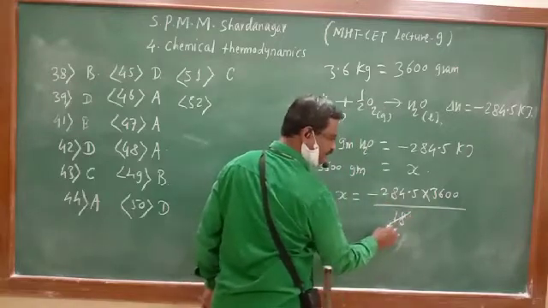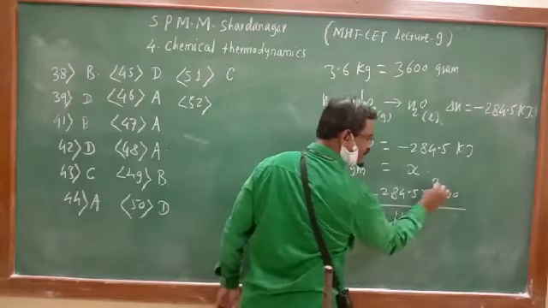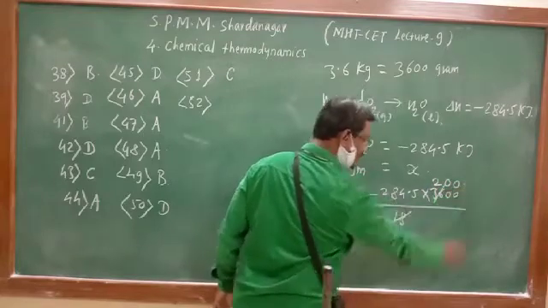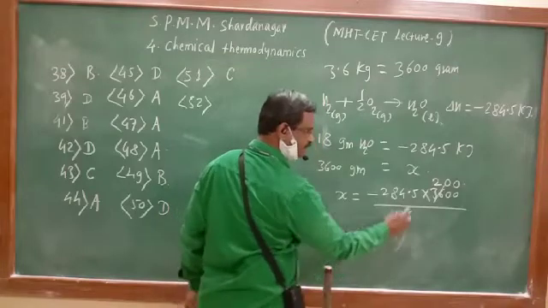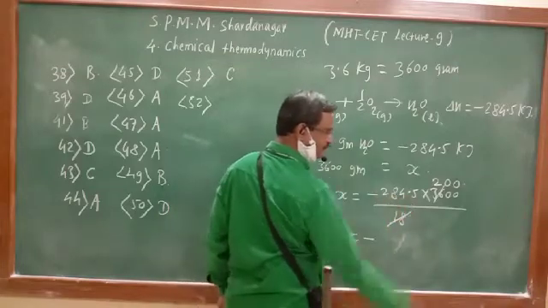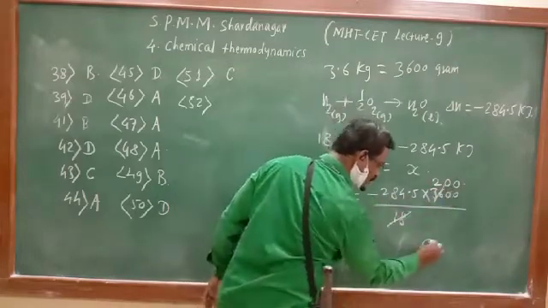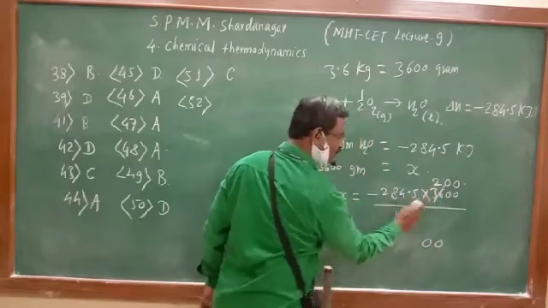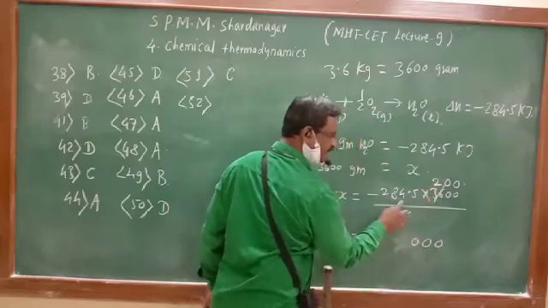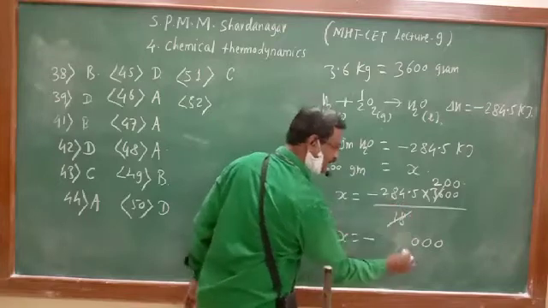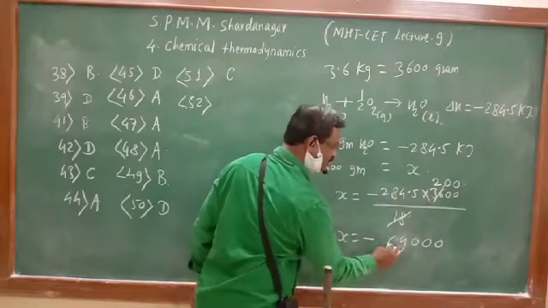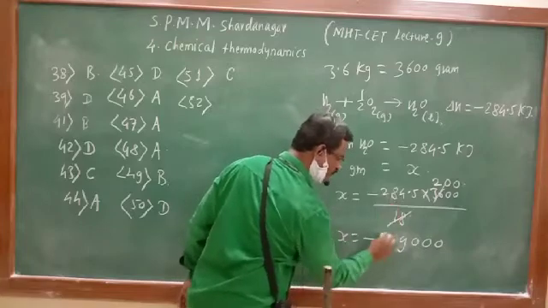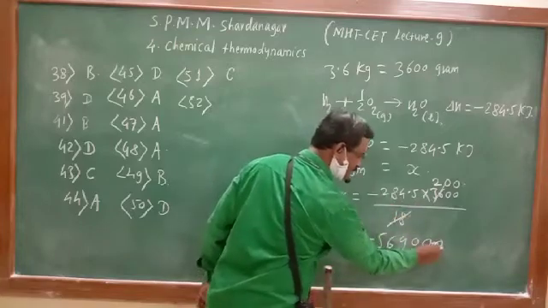If we solve this, 18 2s are 36, so 200. X will be equal to minus, multiply this factor by 2. There are 2 zeros, 0, 0. 2 5s are 10, 1 is carried. 2 4s are 8 plus 1, 9. 2 8s are 16. 2 2s are 4 plus 1, 5. 1. So here it is 1.